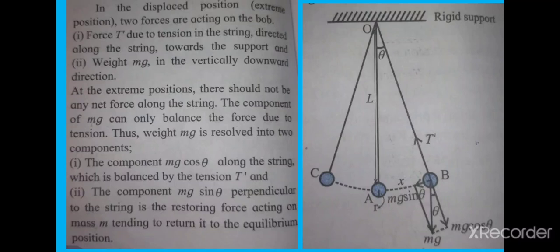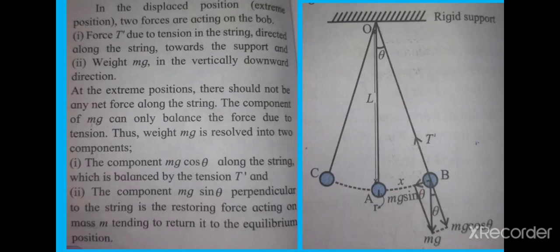In the displaced position, that means at the extreme position, two forces are acting on the bob. First, force T' due to tension in the string directed along the string towards the support, and second, the weight mg in the vertically downward direction.